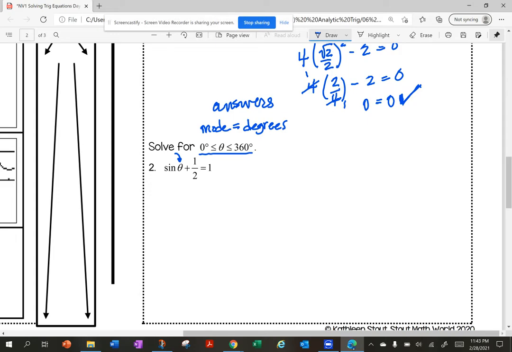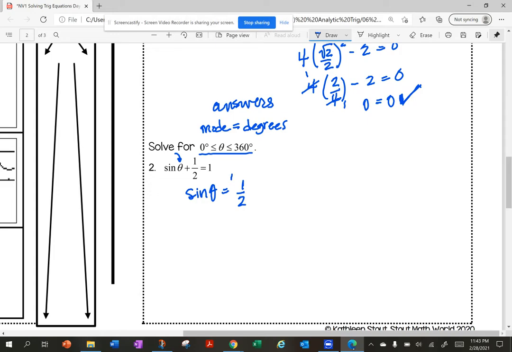Okay, so the first thing I'm going to do is subtract a half from both sides. So I get sine of theta equals 1 minus a half, which is a half. So I am to understand that when I'm solving for angles, I have two possible answers, because each trig function is positive in 2 quadrants and negative in 2 quadrants.